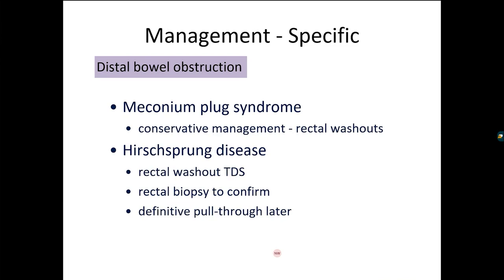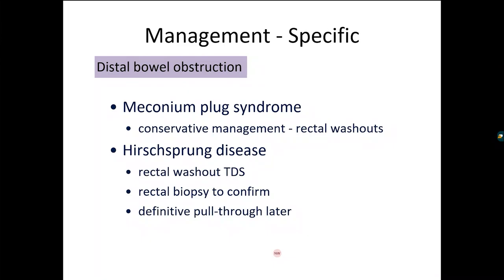So if you suspect Hirschsprung disease, which is suspected by the X-rays and digital rectal examination, once you make that suspicion, you start these babies on rectal washouts twice a day or 3 times a day to decompress their distal bowel.